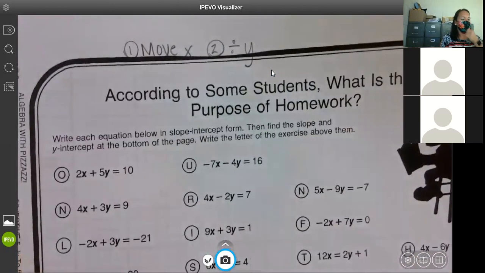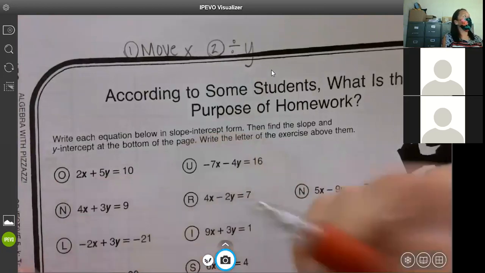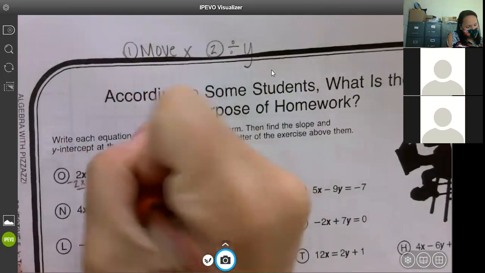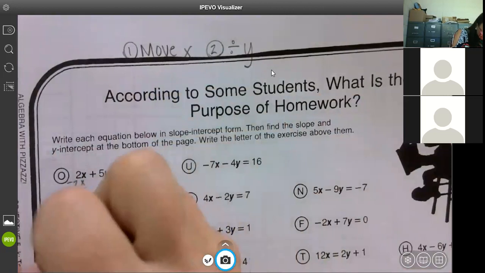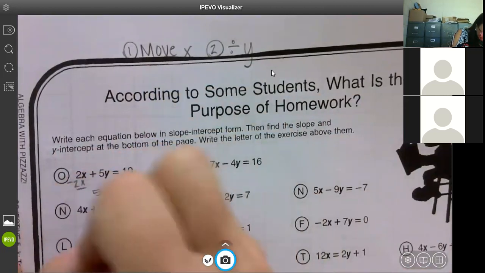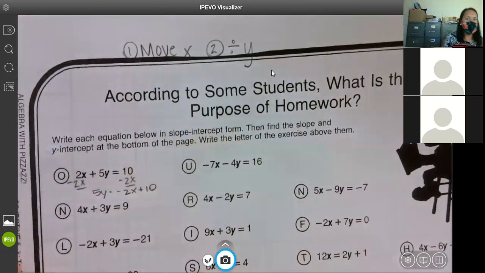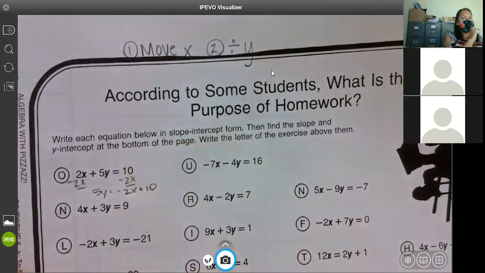All right, so on the very first one, we have 2x plus 5y equals 10. Our first step, how do I move it? Subtract 2x. I get 5y equals negative 2x plus 10. I want to put my x first. And then what's my last step?